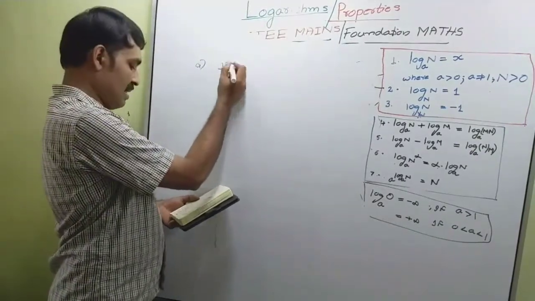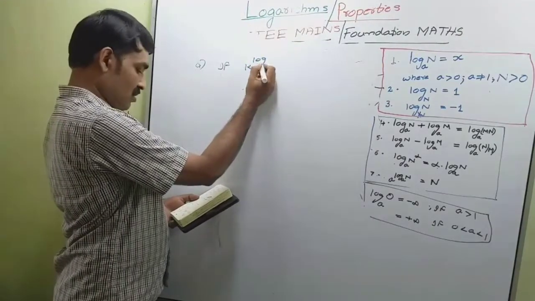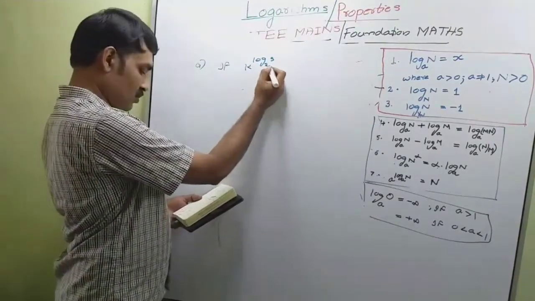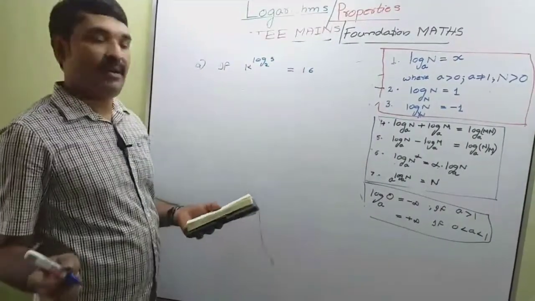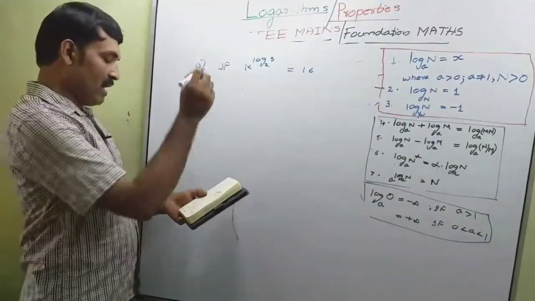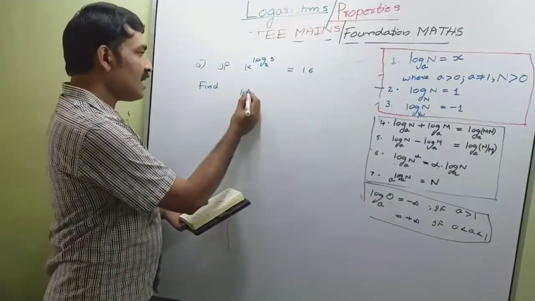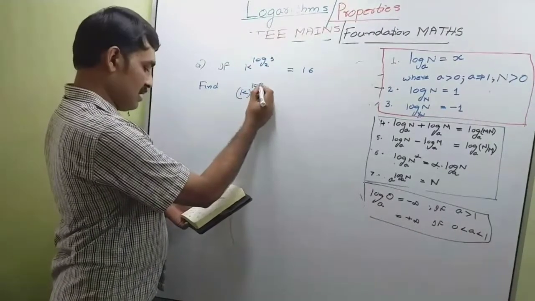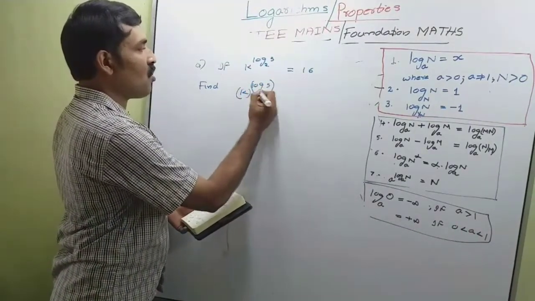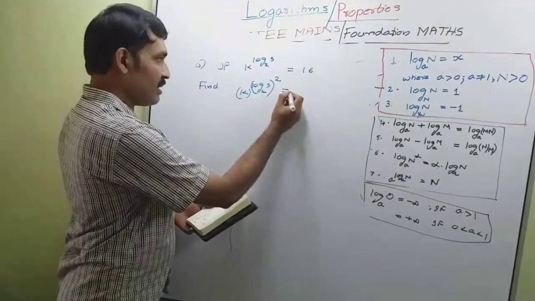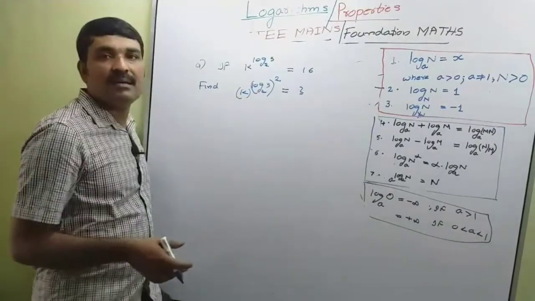If k raised to log 5 to the base 2 is equal to 60, the value is given. Then we want to find the value of k raised to log 5 to the base 2, this whole square, is equal to the question.